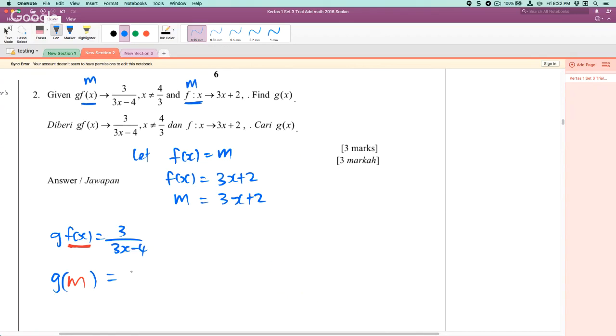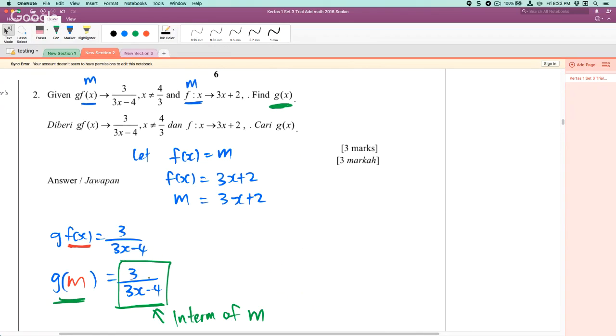So g(m) equals 3 over 3x minus 4. If this is g(m), on the other side it must be in terms of m, isn't it? Then we can easily get g(x), because the question asks us to find g(x). So I must make the thing here in terms of m, but then I only have x here.